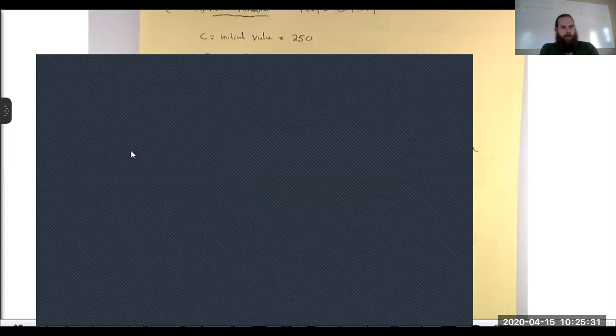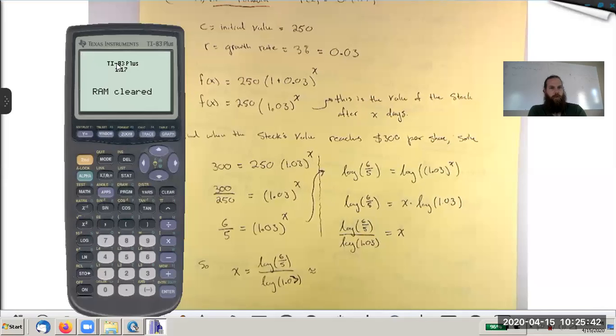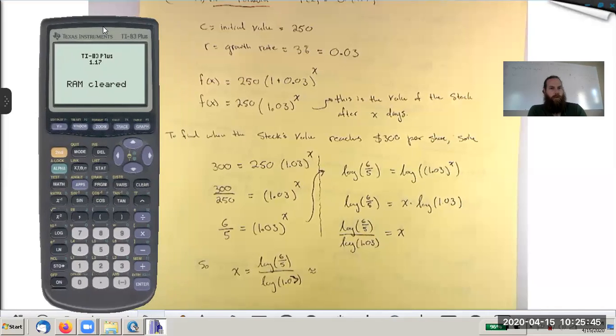So I'll pull up my virtual TI-83. You guys can follow along. Let's do it like this, so you can see everything at once. So if I want to know about how big this number is, I'm going to come in here and type log 6/5, close that parentheses, and then divide by the log of 1.03.